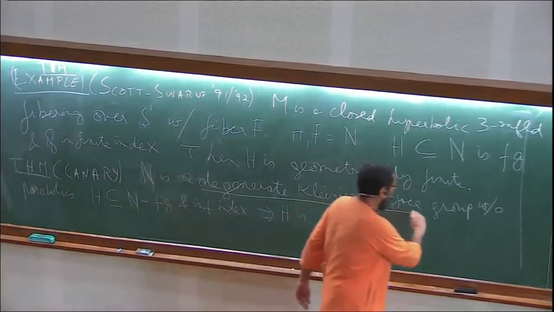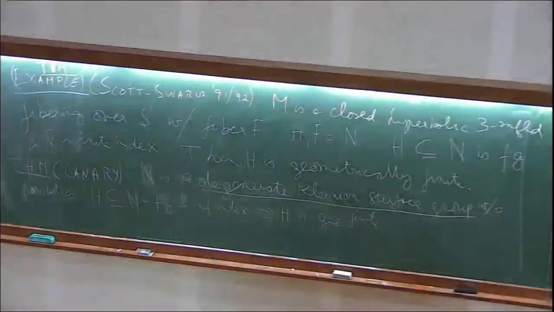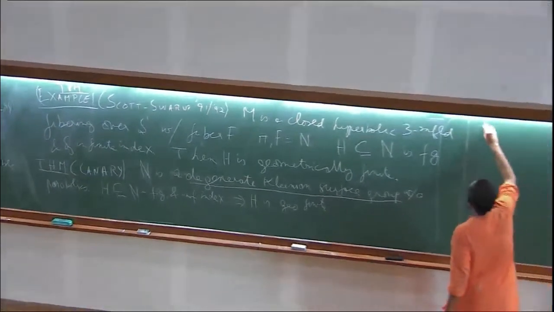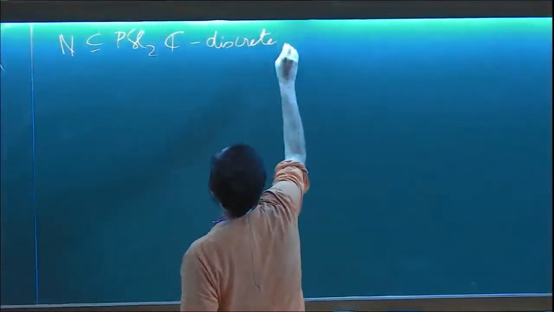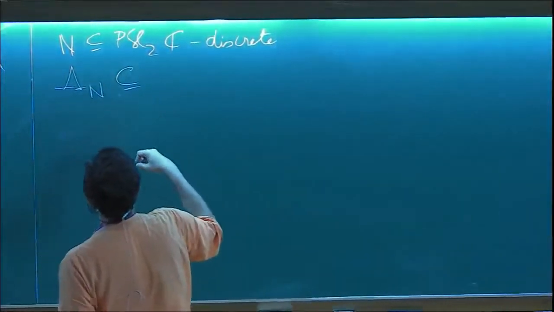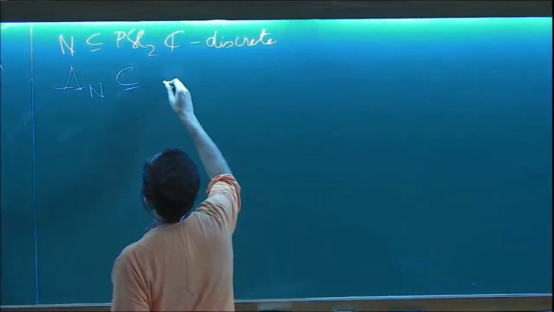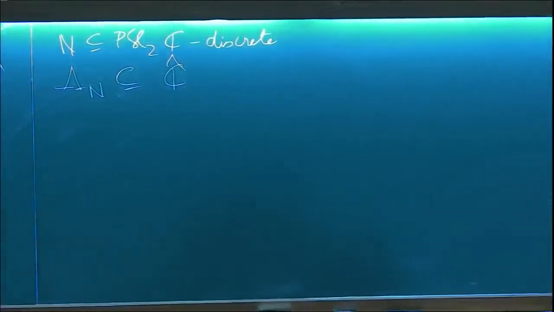I'll have to say a little bit about what this stuff means. There were these lectures by Kenichi Yoshida from last week, so maybe a couple of weeks back. So let me just quickly recall what these words mean. So if N contained in PSL2C is discrete, then you look at the limit set of N contained in C hat, which means basically you look at any point inside hyperbolic 3-space, look at its orbit under N, look at the collection of accumulation points on C hat.